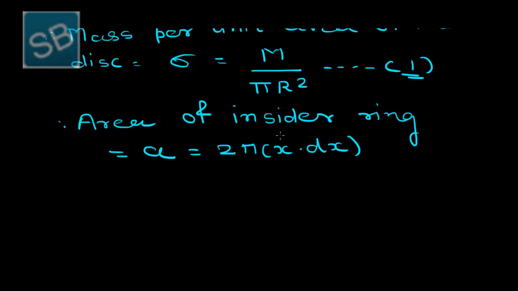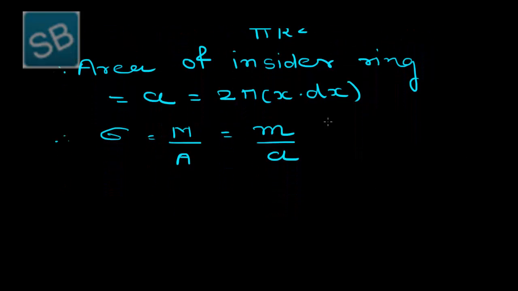But if we consider the equation of density, sigma is equal to mass over area. For this ring I consider a small mass and a smaller area, and therefore I can obtain its mass as sigma into A. But what was the value of sigma?